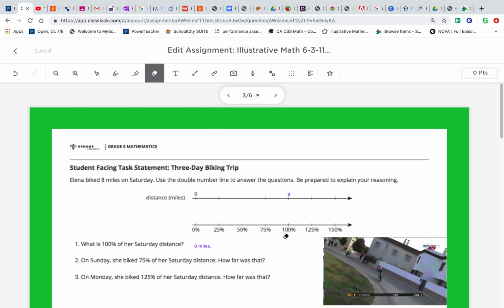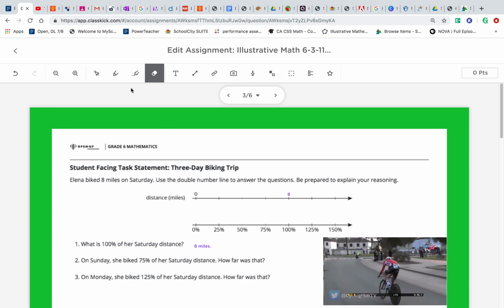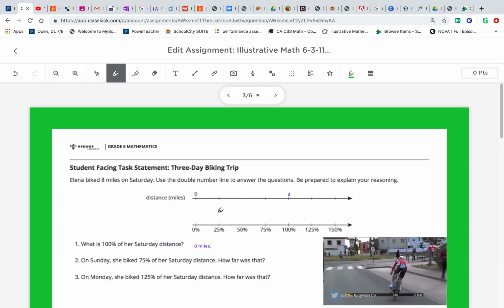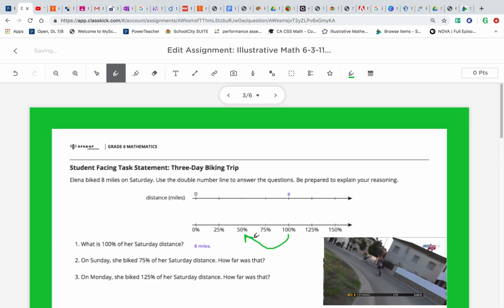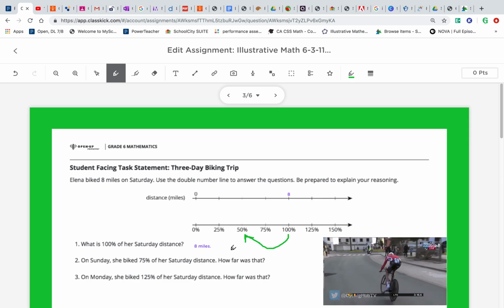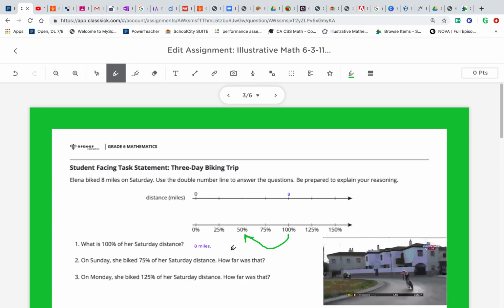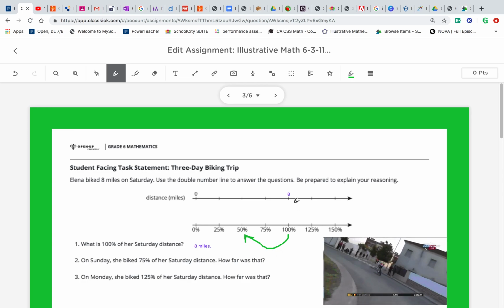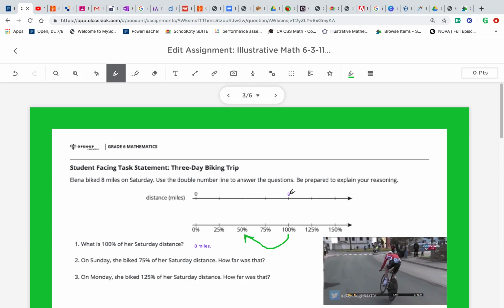So let's say we want to go from 100% to 50%. Well, that can be pretty easy to understand. We go from 100% down to 50%. We're just cutting it in half, right? 50% is 1/2. So that's the same thing as dividing by 2, right? So if we want to see what number is going to go on this mark right here, we're going to take this number and do the same thing.